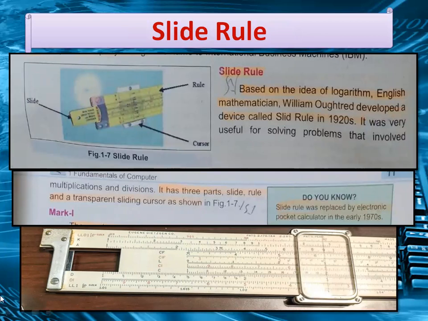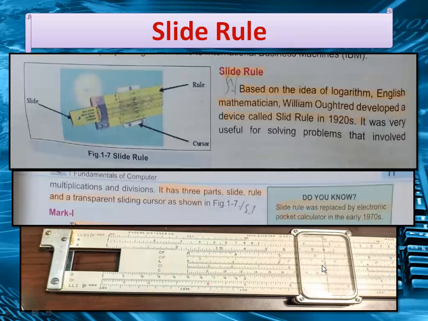Here we have the slide, here we have the rule, and this is a transparent cursor. Here on your screen is another picture of the slide rule. We have the slide and the cursor, and you can move this transparent cursor left and right to calculate.